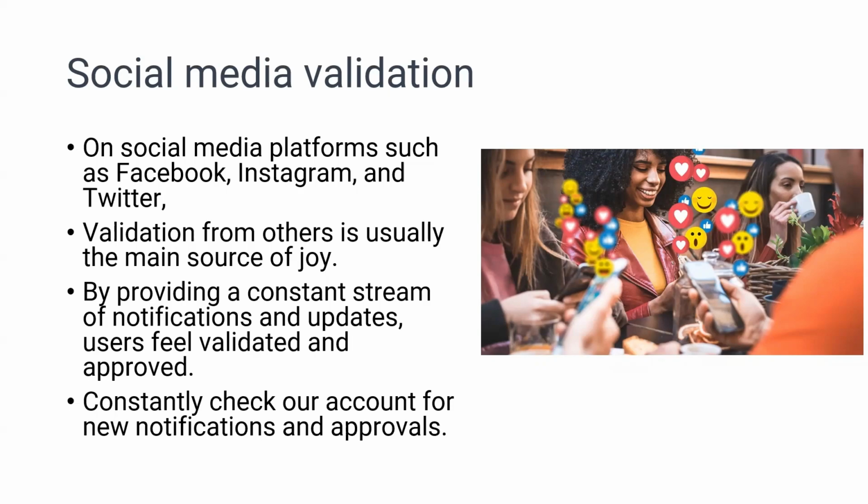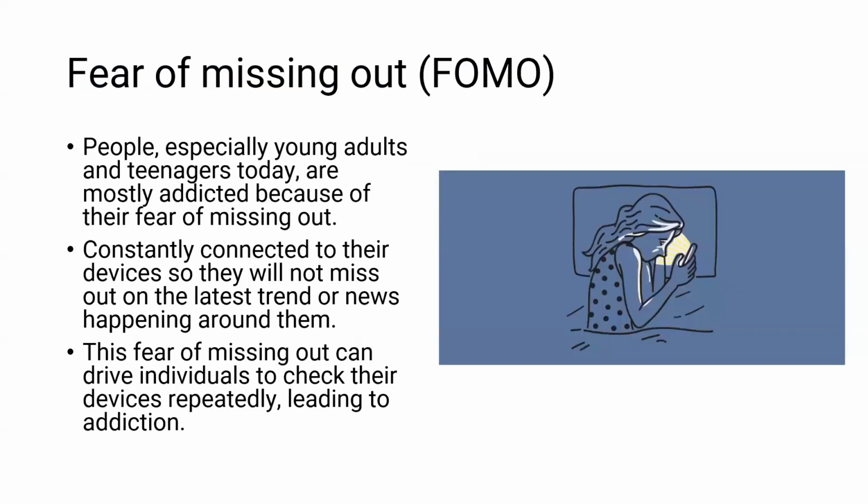By providing a constant stream of notifications and updates, users feel validated and approved. As a result, they have to constantly check their accounts for new notifications and approvals to meet their demand for joy and dopamine release. So eventually, this might become a compulsive behavior pattern, which ultimately leads to screen addiction.